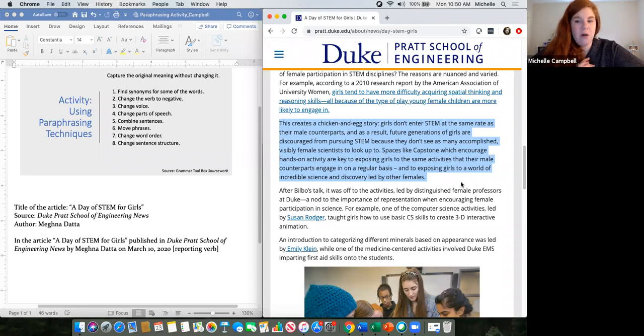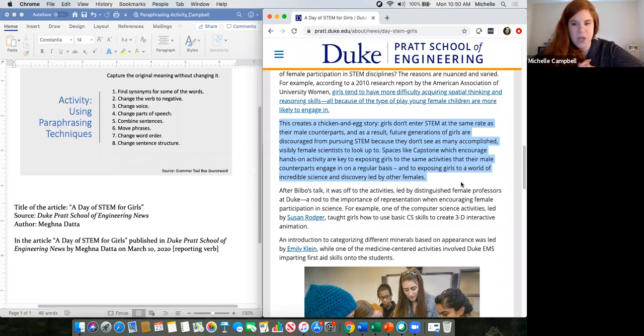And as a result, future generations of girls are discouraged from pursuing STEM because they don't see as many accomplished, visibly female scientists to look up to. Spaces like Capstone, which encourage hands-on activity, are key to exposing girls to the same activities that their male counterparts engage in on a regular basis, and to exposing girls to a world of incredible science and discovery led by other females.